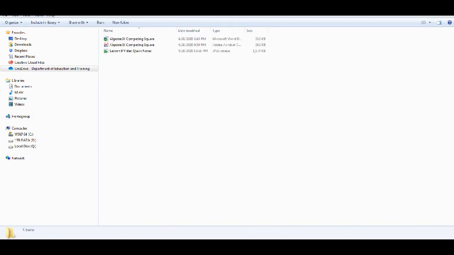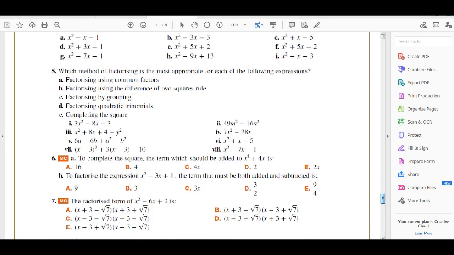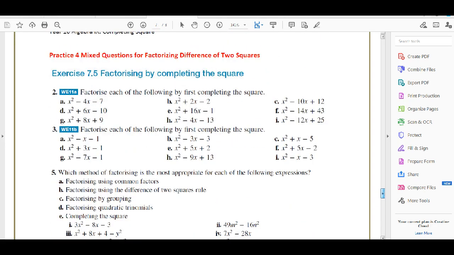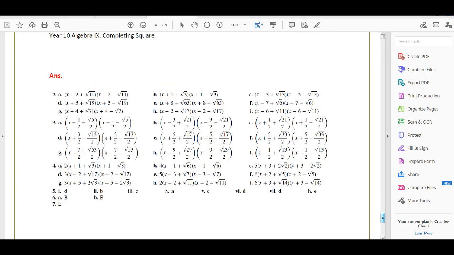Okay, before we finish, let me remind you that you need to do practice 4 for this completing square exercise. I've got a few questions for you from the textbook. Also, you can have the answer to check with.